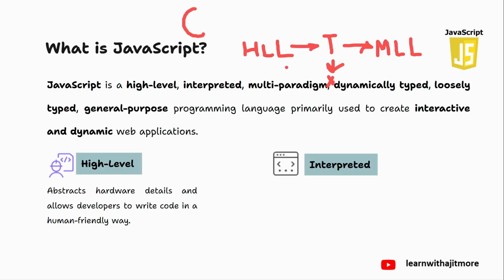In the whole program, it searches for the errors. If there are any, it will tell you all the errors with the line number. And if there are no errors in your source code, it will translate the whole code into machine code. You will get a machine code file. You get an executable file. And that file you can load in memory for execution any number of times.